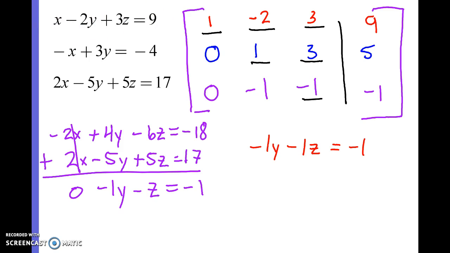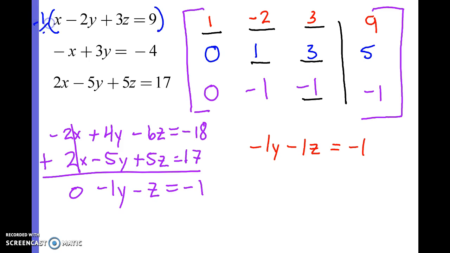So if I want to cancel out negative 1y, there's a bunch of different things I could do, but I think it would be best if I take this top equation and multiply it by negative 1/2.